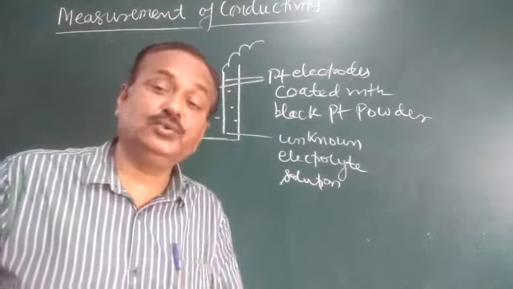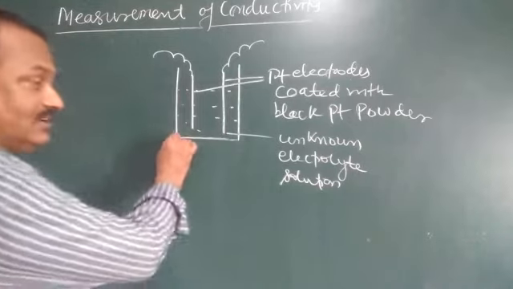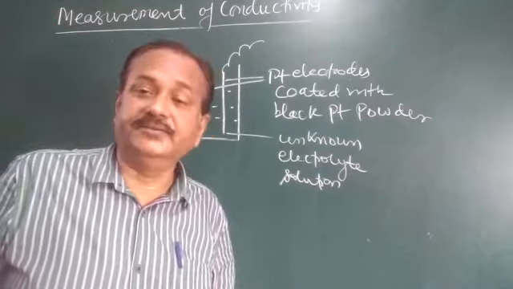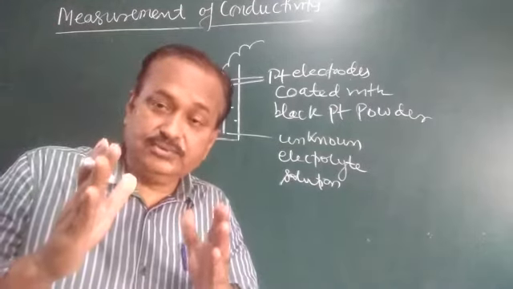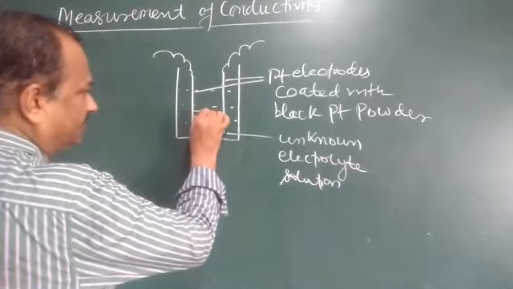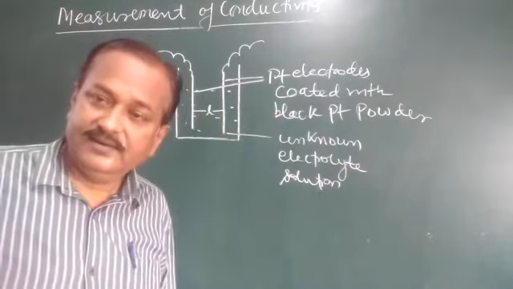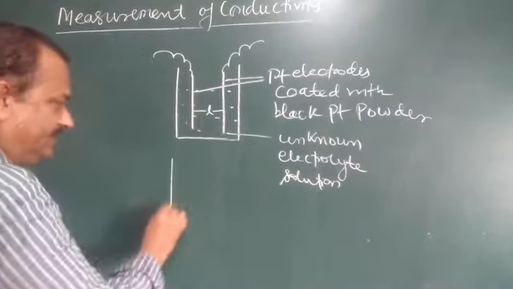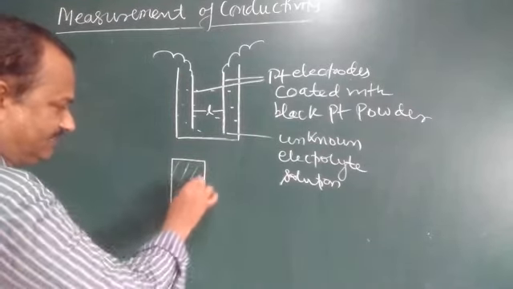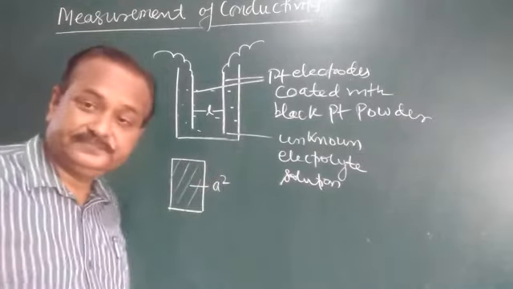The distance between the electrodes is fixed, because the conductivity cells are designed in a very specific manner, with very specific dimensions, so as to have standard protocols. Here the distance between the two is L, and they have a fixed area, S square.